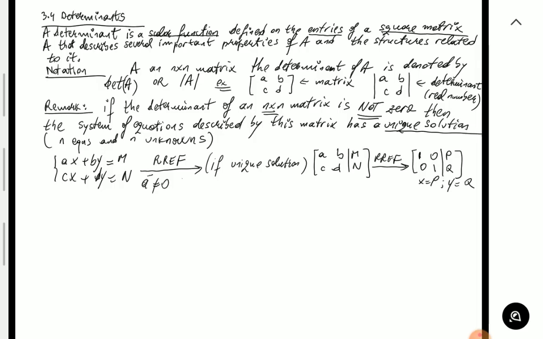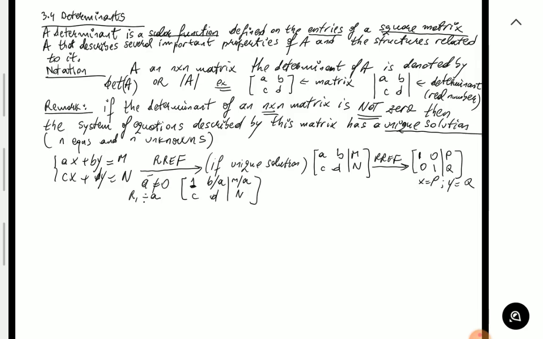Then in the augmented matrix A, B, C, D, M, N, I'm going to have to divide by A. So I'm going to take row 1 and divide it by A, and the first row becomes 1, B over A, and then M over A. Actually, the right-hand side of the system I'm not going to track that carefully, because that's not the point. I want to focus on the coefficients of the matrix, where the pivots are located. And then the second row is C, D, and N.